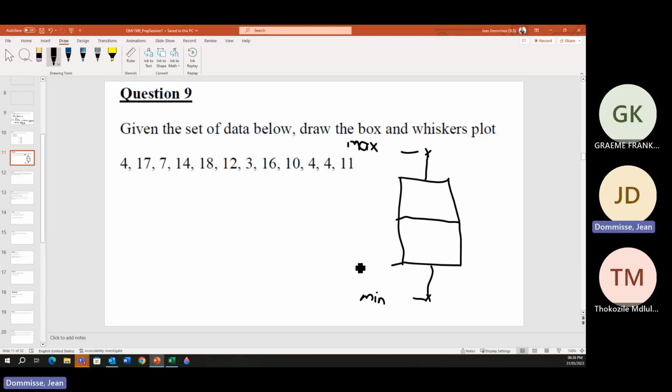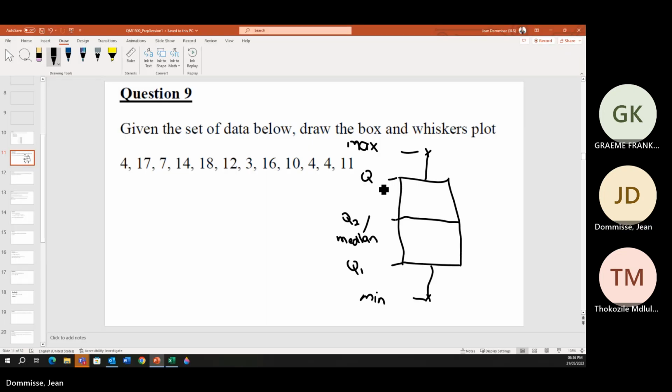Then the first line is Q1. The second line is Q2, sorry, your median. And the third line there is Q3. If I look at this data set, those are the values that you need to find.